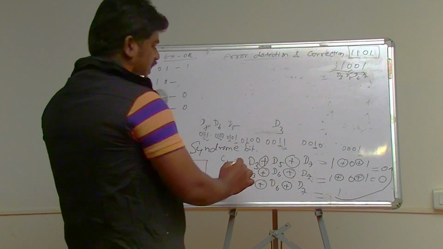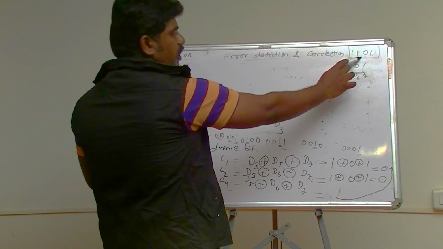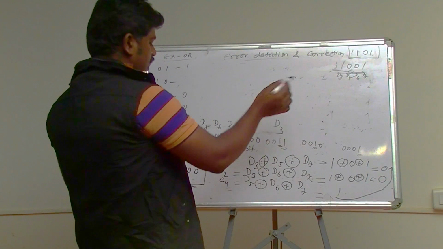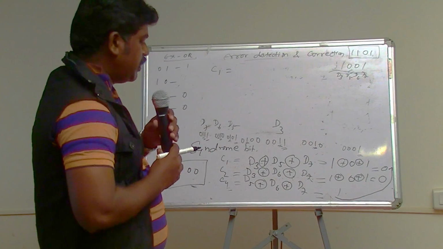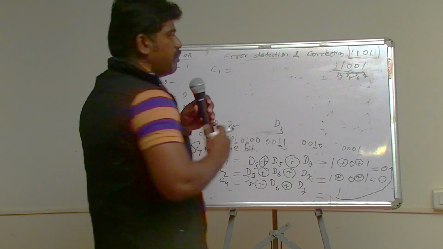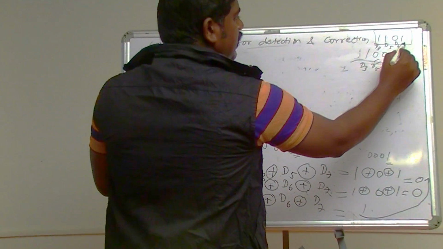So I am going to substitute the values for C1, C2, C4 for this particular data bit at the receiver end. When you substitute for C1, what will be the value? It becomes D3, D5, D6 and D7.